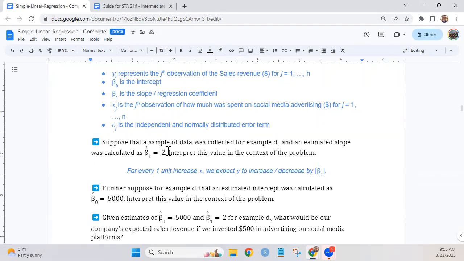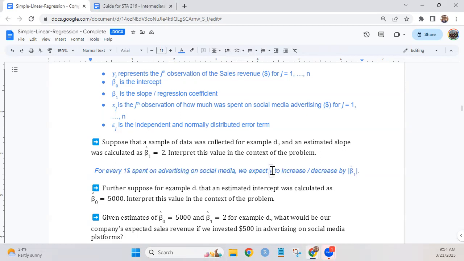So let's start with 1 unit increase in x. Instead of saying that, how can we say that for this specific problem? Yeah, for every $1 spent on advertising on social media. We expect, and then how would we update this part over here?